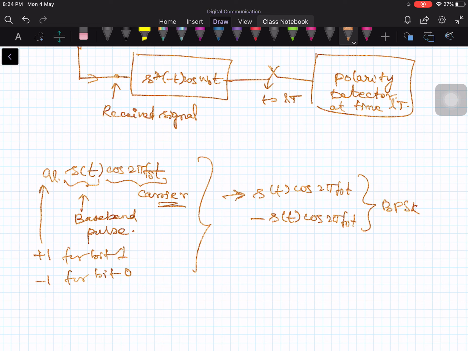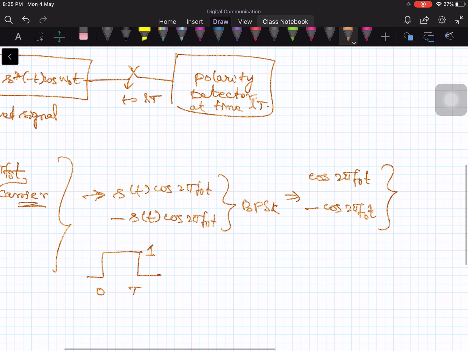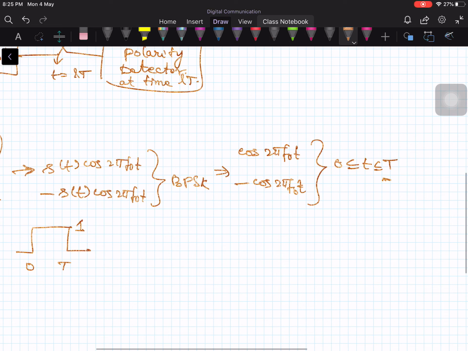If you want to further simplify, let me say S of t is a rectangular pulse with amplitude 1 between 0 and T. Then you can simplify this further: either you'll get cos of 2 pi f naught t or minus cos of 2 pi f naught t in the interval 0 less than or equal to t less than or equal to capital T. This is what you are receiving at the receiving end, with some amount of noise added.